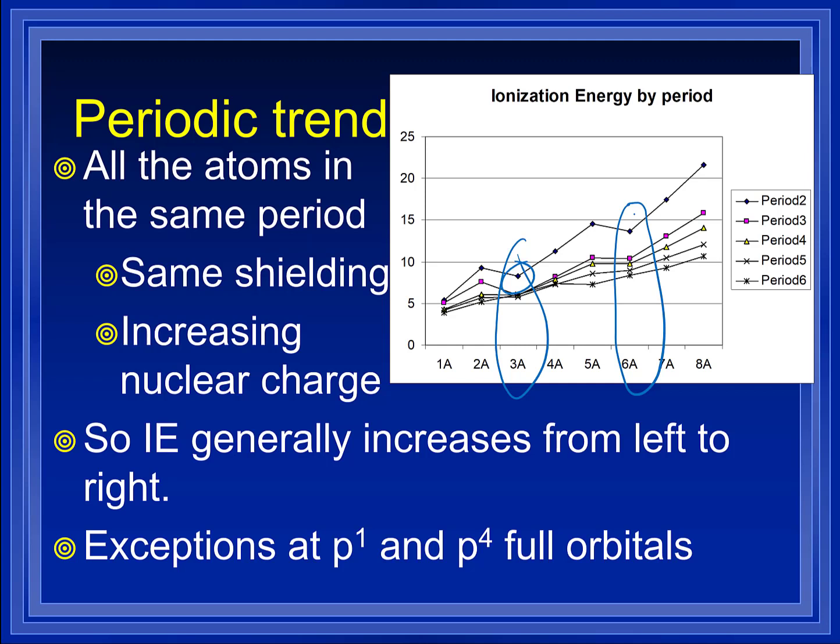What happens if you take an electron away from P1? You're left with S2, which is a full orbital, which is lower energy, which means it's easier to make. It's easy to make something with low energy. It's hard to mess up something with low energy.